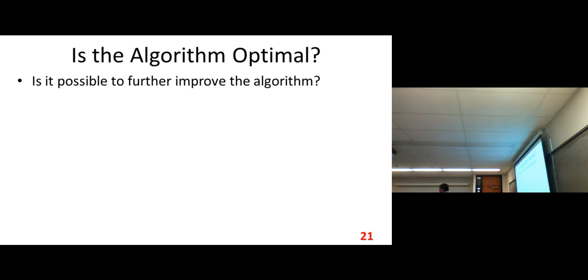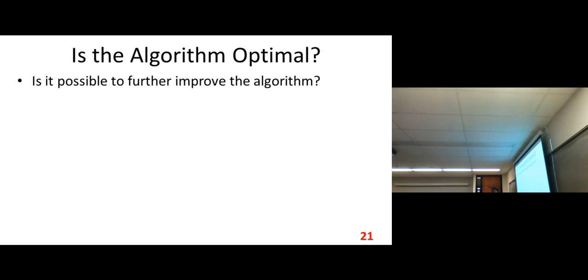So no improvement anymore. If the algorithm is not optimal, then you have room to improve. Although it may not be easy, but there is a possibility to improve it. So that's why we need to answer that question.